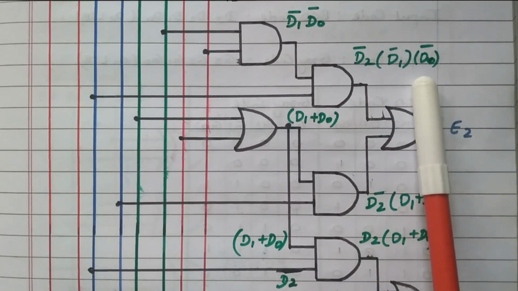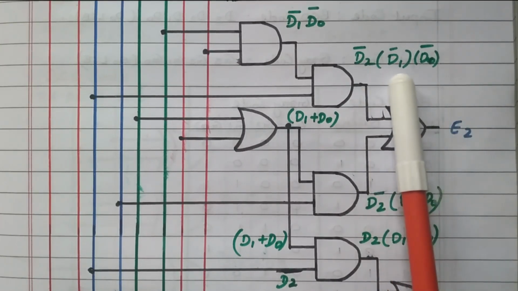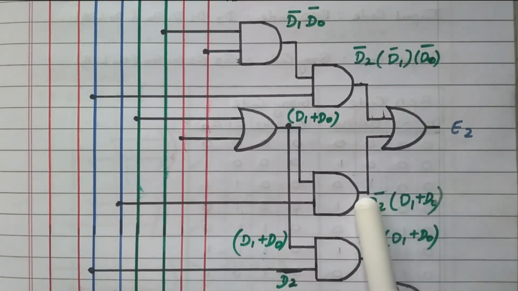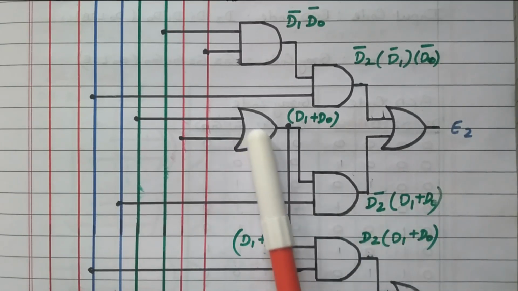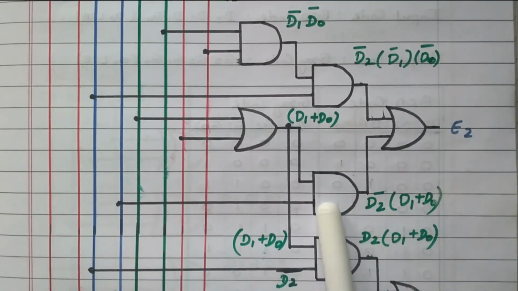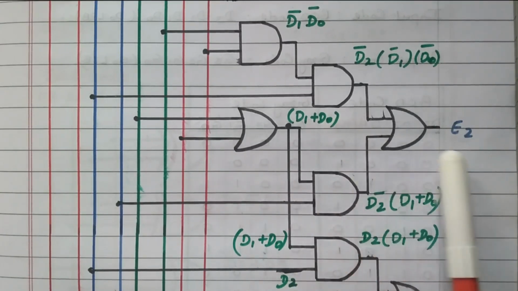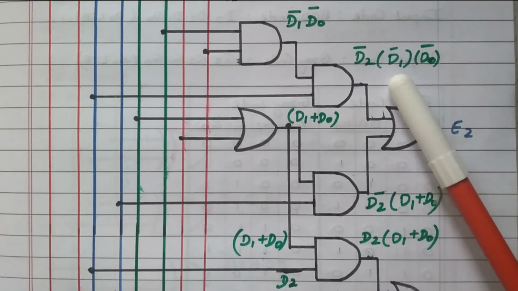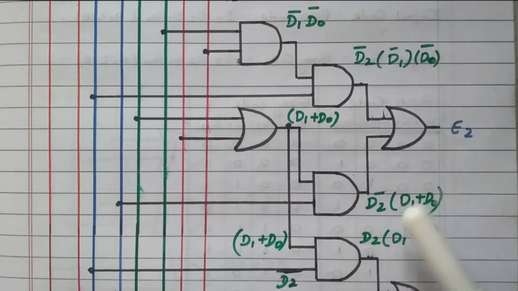This is one of the required inputs, connected to the OR gate. Another input to this OR gate is D2 of D1 plus D0, which is obtained from this OR gate and AND gate. While connecting all these, we got E2. That is D2 dash D1 dash D0 plus D2 of D1 plus D0. This is the expression we got in the K map.